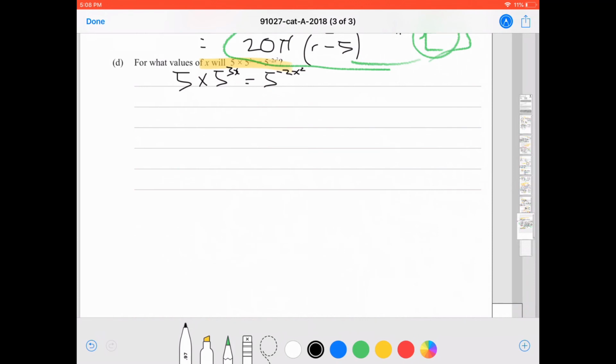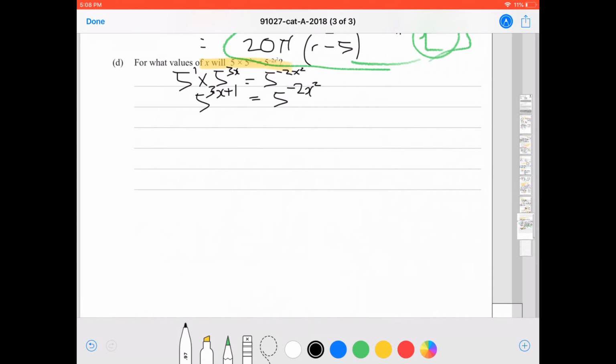Now we can go ahead and combine terms on the left-hand side, remembering that this first 5 is raised to the invisible power of 1. We're multiplying, which means we can add indices, and so we've got 5 to the power of 3x plus 1, and that equals 5 to the power of minus 2x squared.